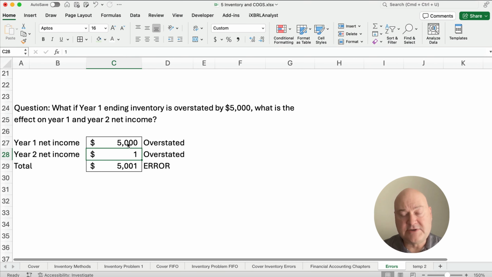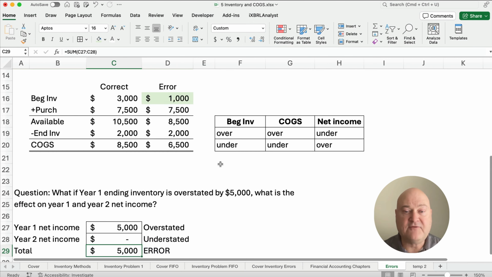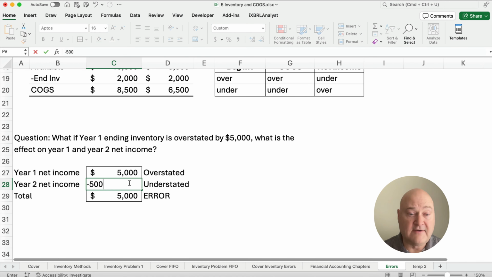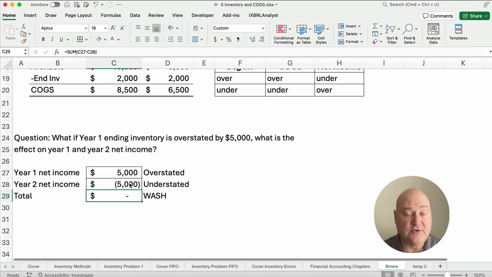Now, year two, you're tempted to say, well, there's no effect. Year two is not affected. Well, but year two, the ending inventory of year one is the beginning inventory of year two. So what happens if we have beginning inventory that's overstated? Net income is going to be understated. So the error is going to flow through as a negative $5,000 in year two.